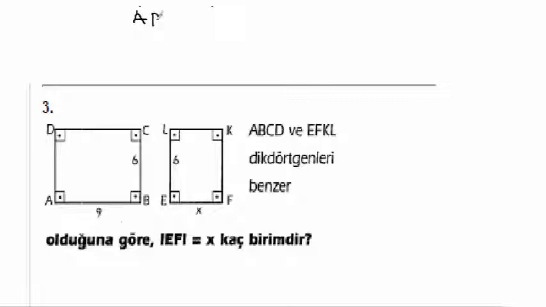AB, the longer side of this rectangle, divided by the longer side of this rectangle, is equal to the shortest side of this rectangle, which is CB, divided by the shortest side of this rectangle, which is EF.